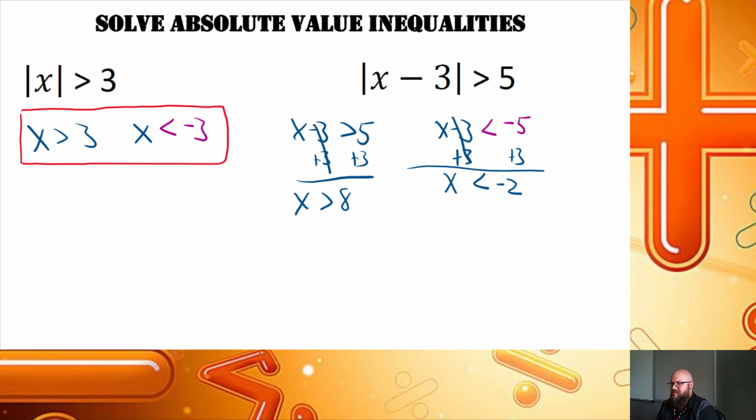So what it's saying is any number greater than 8 and any number less than negative 2 will work in this equation. All right, so those are our answers. We have x greater than 8, x less than negative 2.